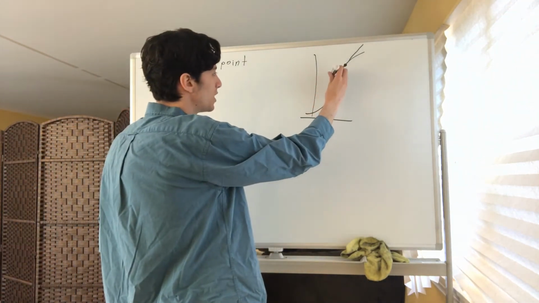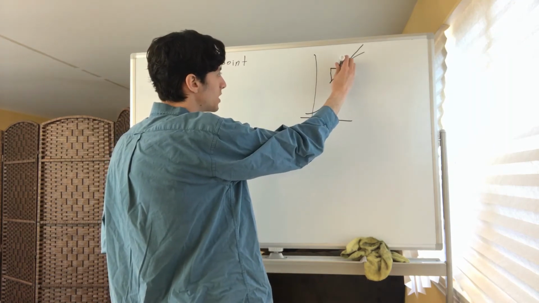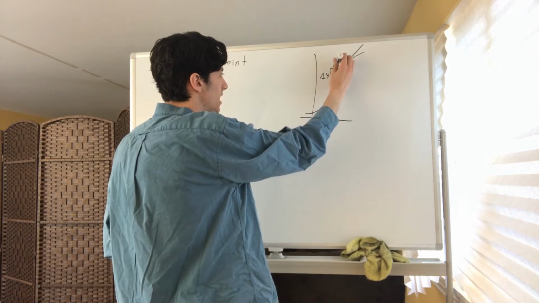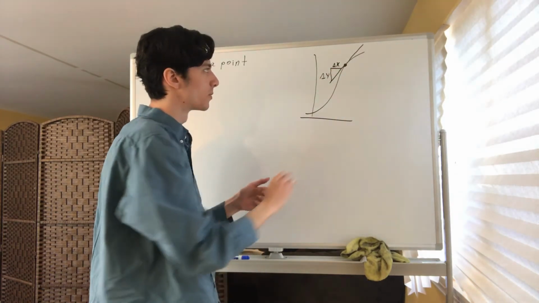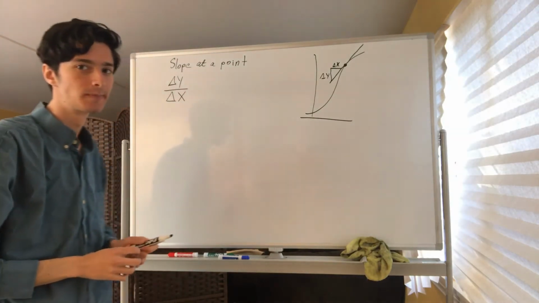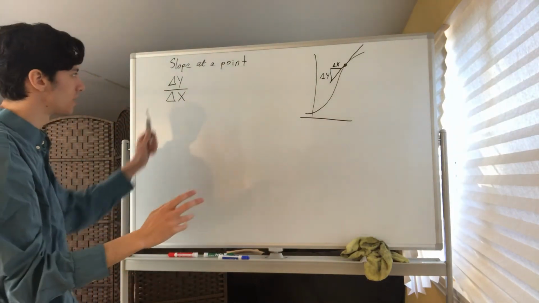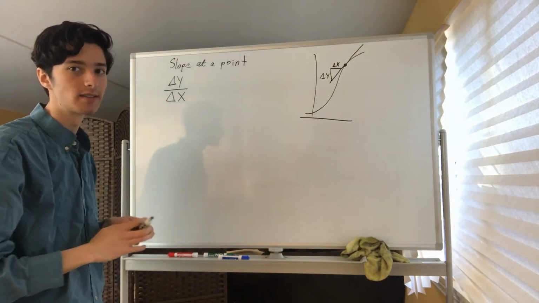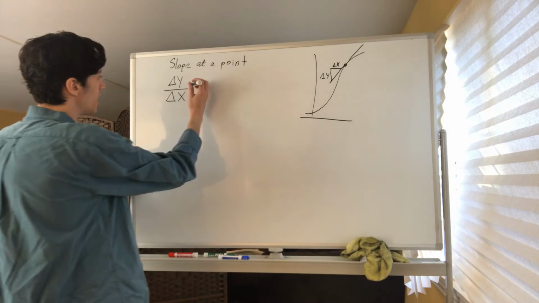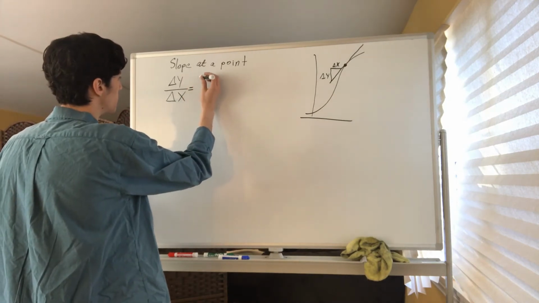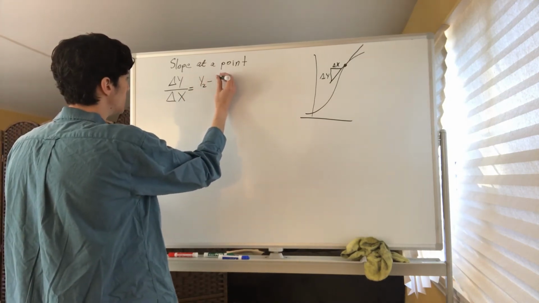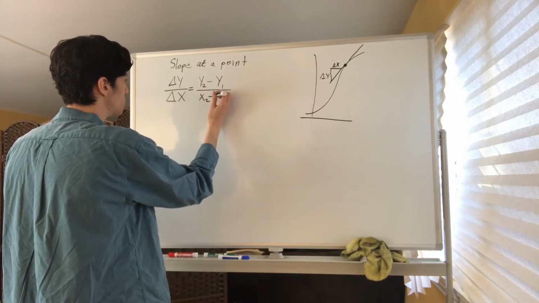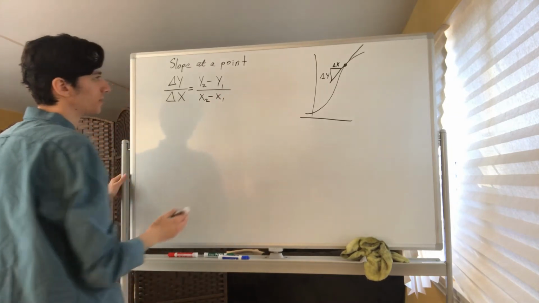You could look at any change in y and then look at the corresponding change in x, and that would be the slope of your line. Now, we can also think about slope as the slope between 2 points. So our delta y might be y2 minus y1, and our delta x might be x2 minus x1.